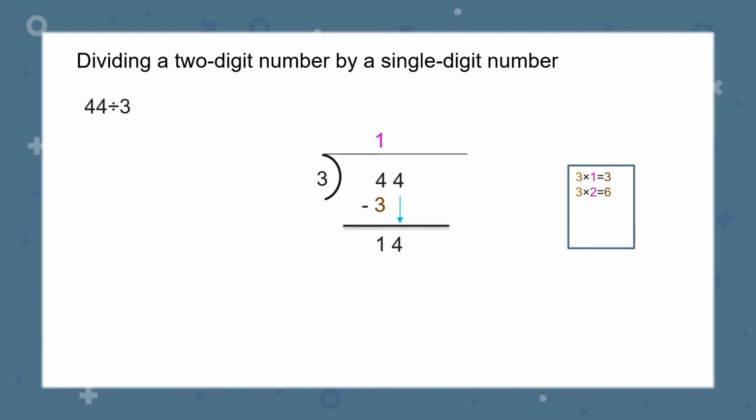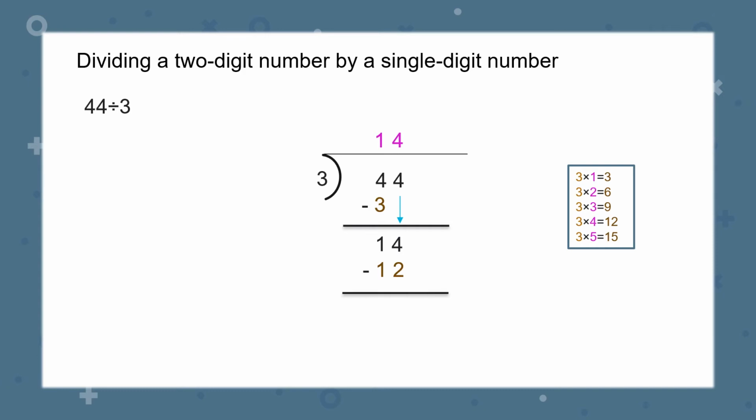Now we will say the 3 times table. 3 3s are 9, 3 4s are 12, 3 5s are 15. 15 is bigger than 14. So we will take 3 4s are 12. So we will write 4 above 4, that is at unit place next to 1, and we will write the answer 12 below 14.